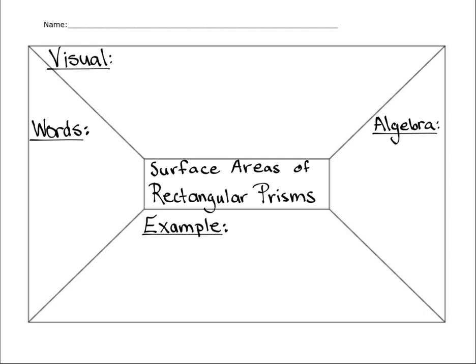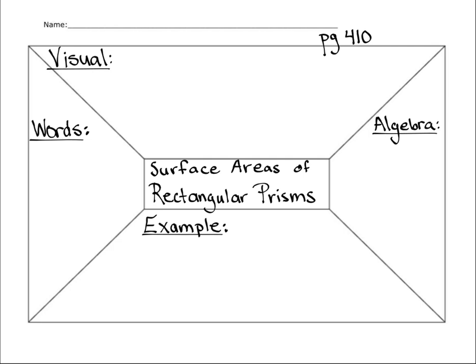So, I'm going to go over this first page with you to show you what the plan is. You're going to be following along in your book or your note packet to find this information for each of these sections. But for this first one, if you want to follow along with how I'm doing this in the book, I'm on page 410 in the book, and I'm looking at the key idea that talks about surface area of rectangular prisms.